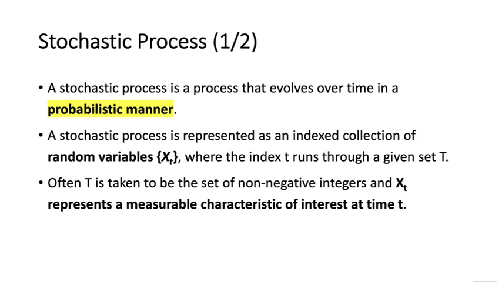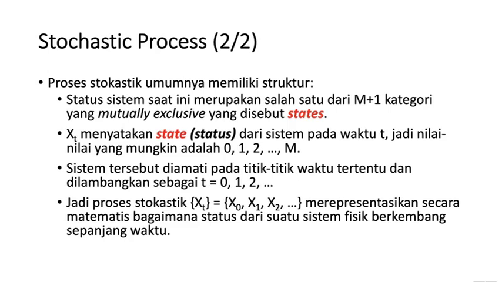So we have X and we have t. T is time, X is a random variable, the collection of random variables. So X can be, for example, the random variable at time t when it is rain, and when it is not rain, etc.